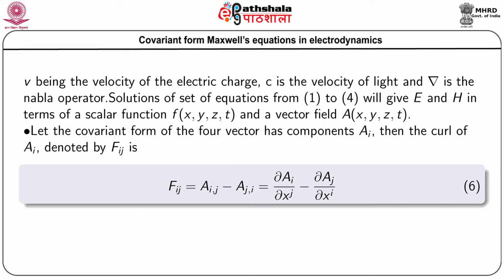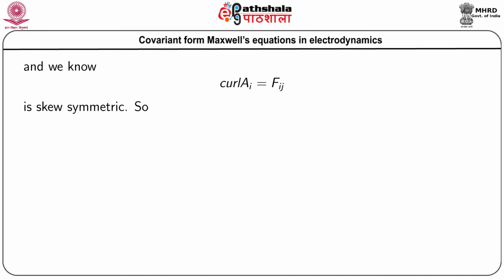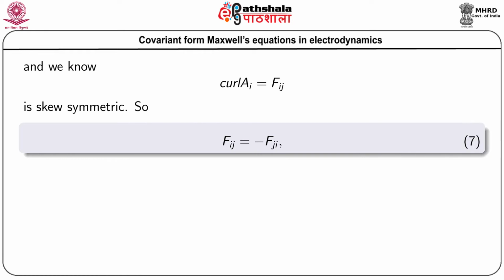And we have also obtained this expression that F_ij is del A_i by del x^j minus del A_j by del x^i. So, as an exercise we have done this relation previously. So, curl A_i is F_ij and it is skew symmetric. So, F_ij equals to minus F_ji.